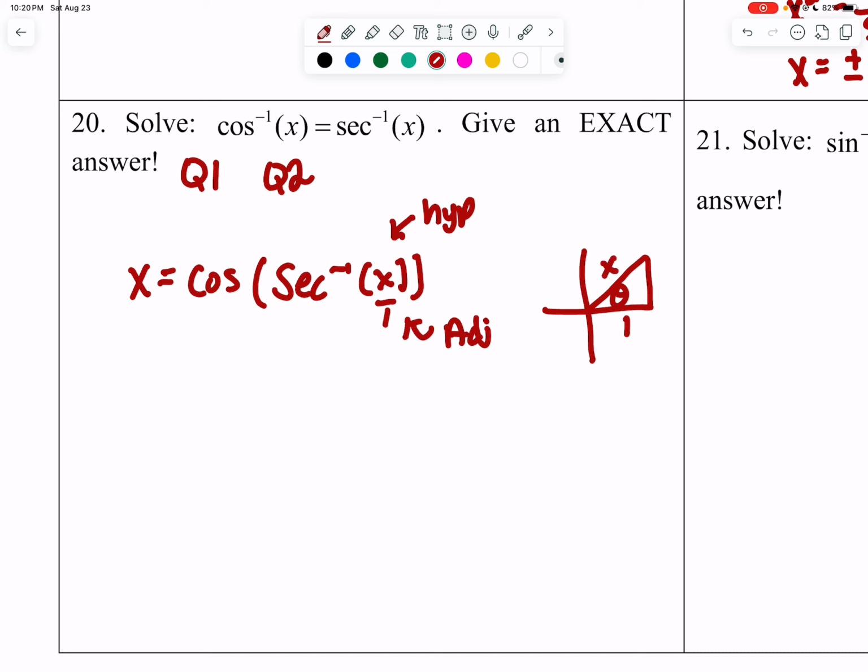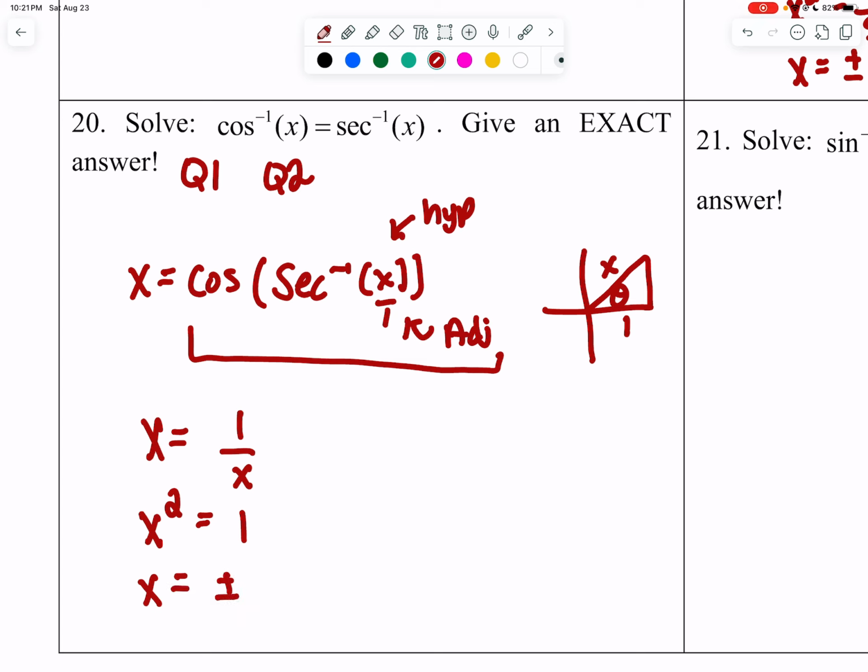And then for cosine, I don't really need my height here because remember that cosine is adjacent over hypotenuse. So in this case, we have this right here being adjacent, which is 1. Hypotenuse is x. I still have an x on the left, so then I get x squared is equal to 1. x is equal to plus or minus 1.